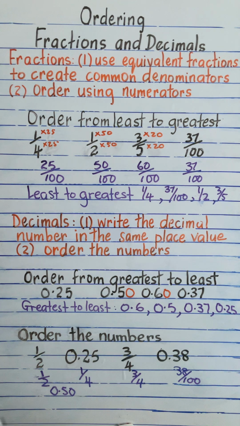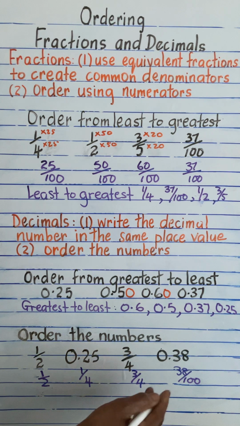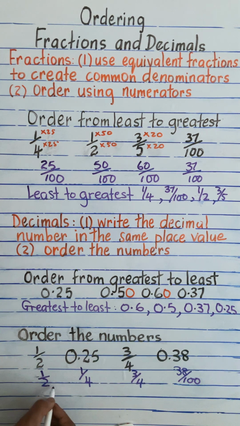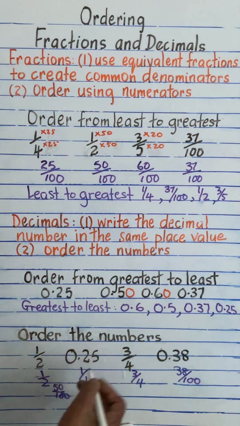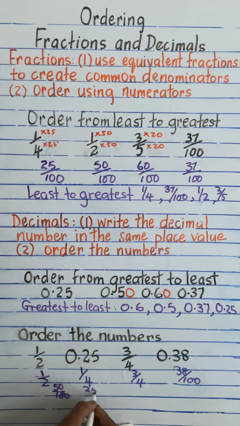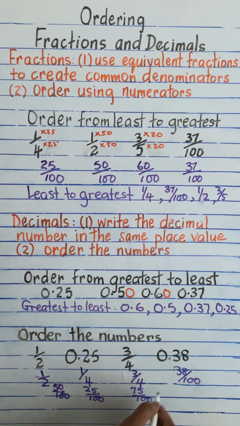Oh no, I'm sorry. Remember, we're bringing them to fractions. So the common denominator is 100. A half is 50 over 100. Sorry about that. A quarter, 25 over 100. 3/4, 75 over 100. And then this remains 38 over 100.